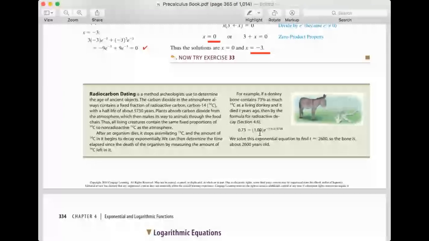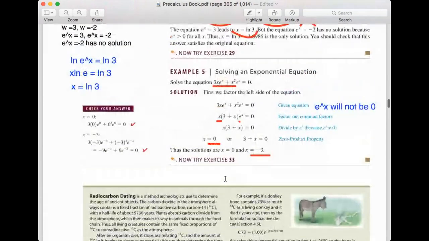So today I'm going to keep talking about solving logarithmic equations. We know how to solve exponential equations, right? For exponential equations, we isolate the exponential form, then we take logs on both sides.